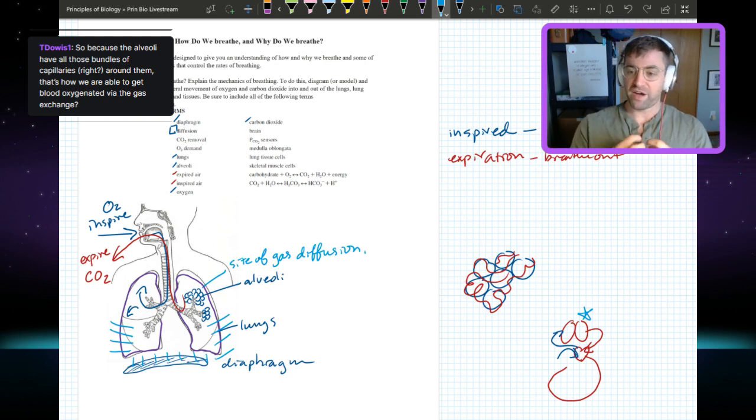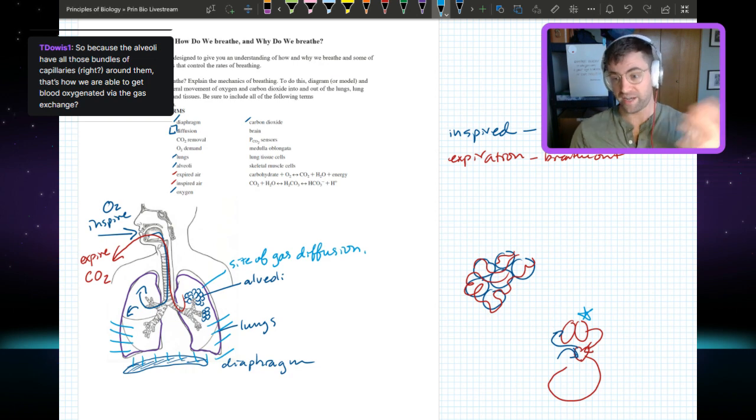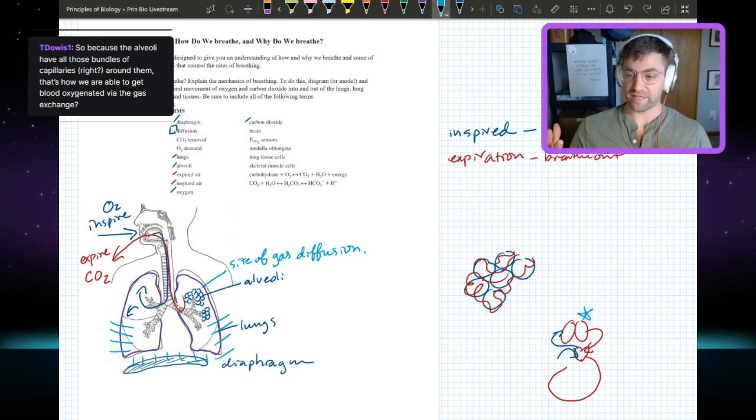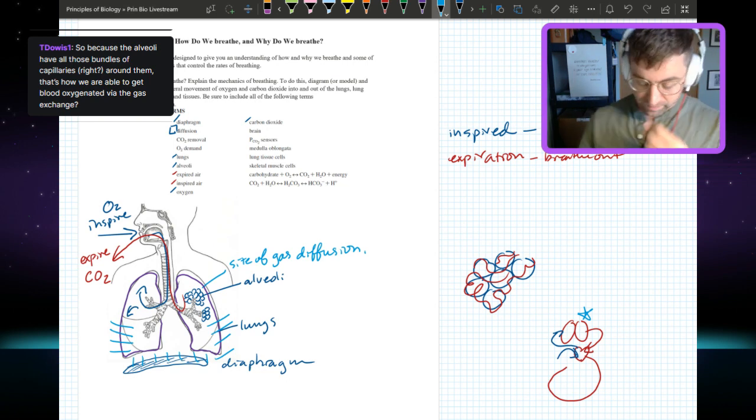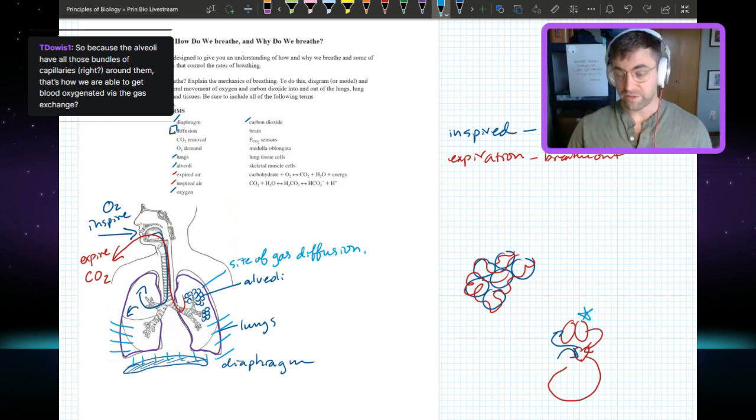That's how the form of this part of the body facilitates the function of gas diffusion, of getting those nutrients in and waste products out. Deoxygenated blood is also circulating through there, and that CO2 is getting leached out of the vasculature into the lung space where it then gets expired, right? So yes, you're right on.